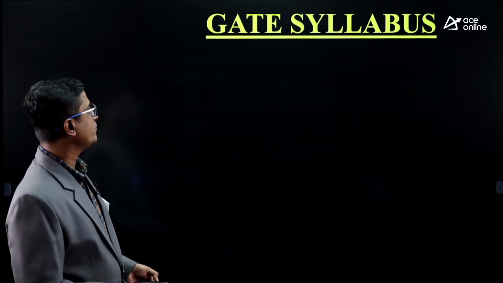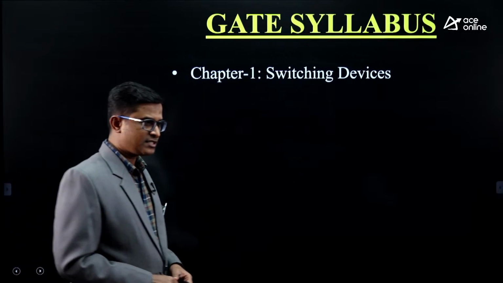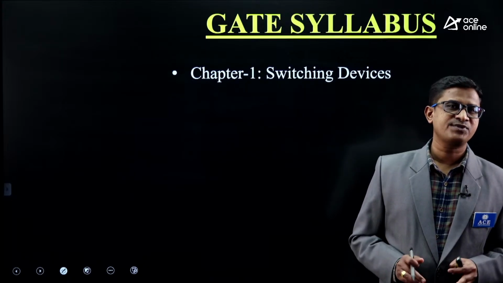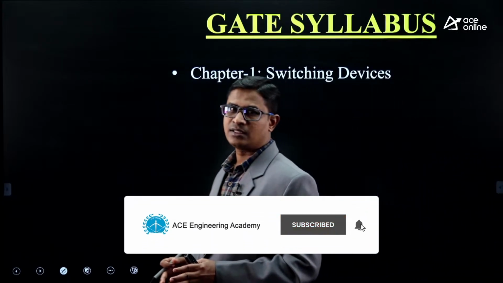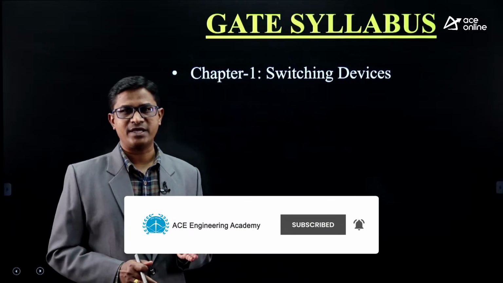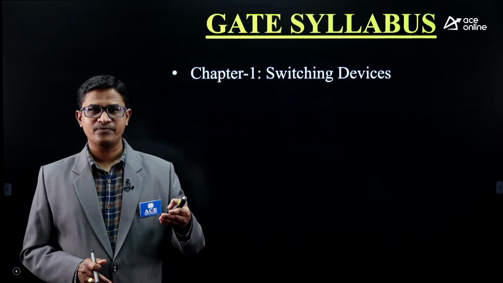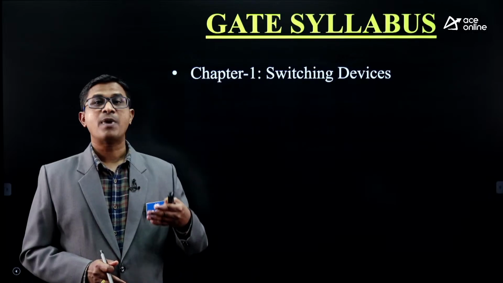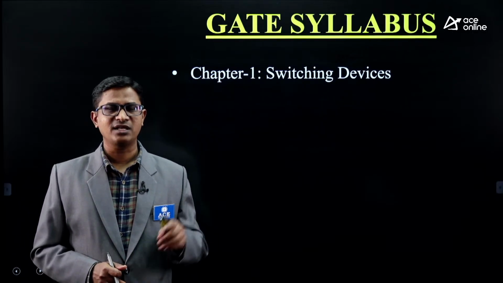For the GATE examination, power electronics has 5 topics. First is switching devices. Chapter number 1 deals with the study of semiconductor devices: silicon control rectifier, power diode, GTO, TRIAC, and transistor family devices like power MOSFET, power BJT, IGBT, etc. All these are included.